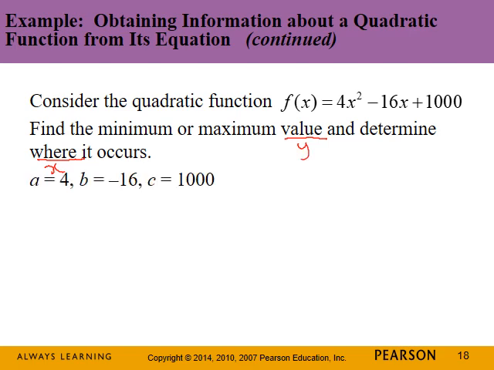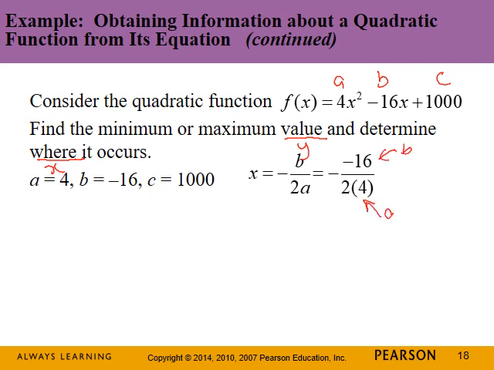So we're going to list our a, b, and c. Remember, a is right here in front of the x squared. B is in front of the x, and C is your constant, so they've listed it there. You're going to substitute the values into your x equals the opposite of b over 2a formula. So here we substituted negative 16 for our b.